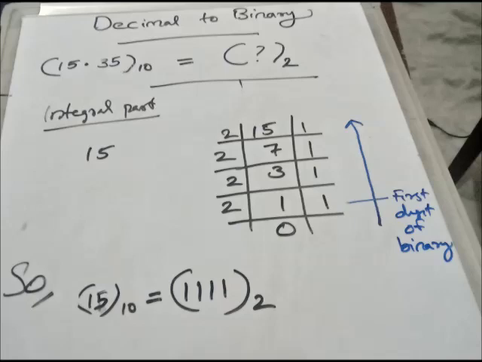Again if you divide 1 with 2, you get 0 and we write 1 as it is, right? Then, as it is the integral part, we arrange the remainders from bottom to top. So the binary starts from the bottom, that is 1 1 1 1. Four ones are there.